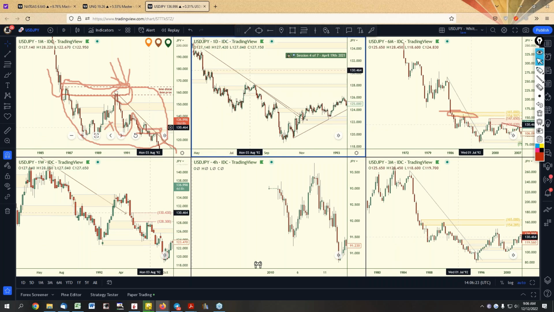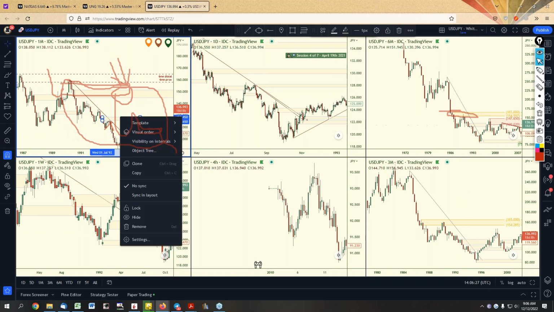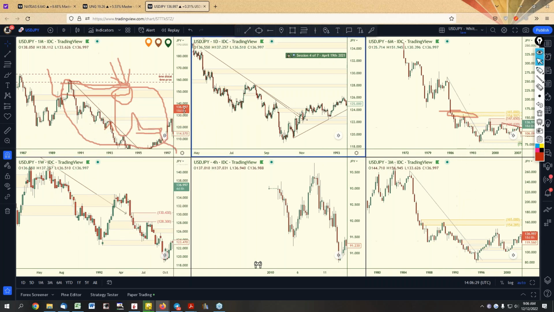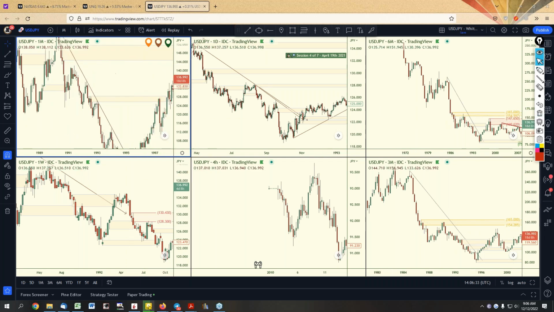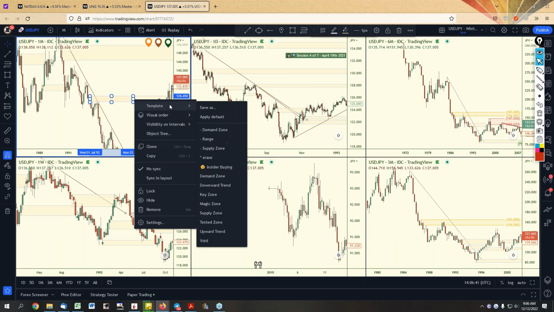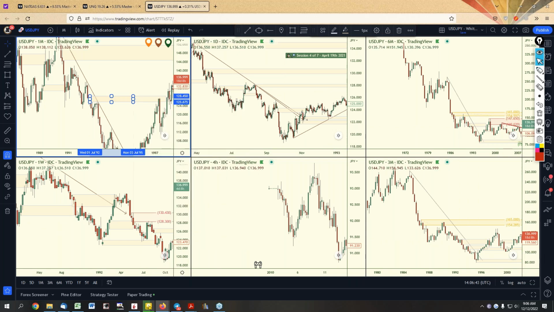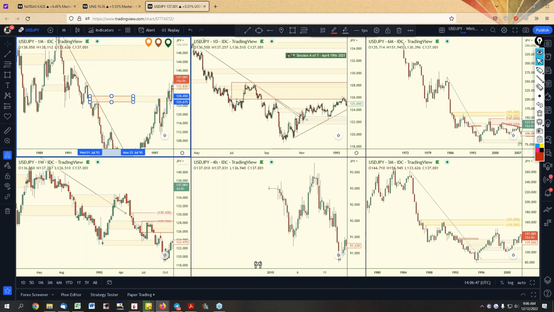Okay. So what we can do is this. We can take a rectangle, do that. And we can color it like this, apply, there.